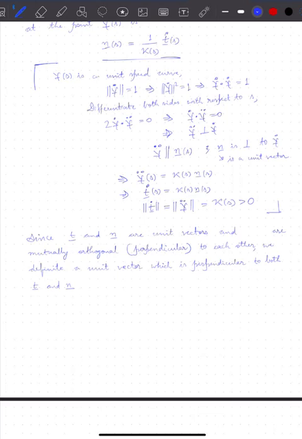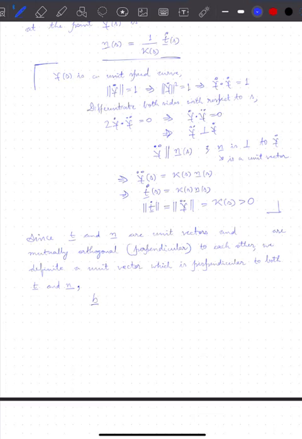That's what we are doing here. And of course, the cross product of two vectors gives us a vector which is perpendicular to both.